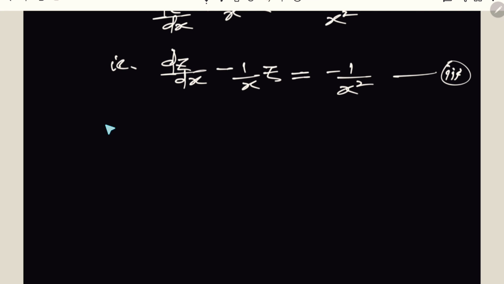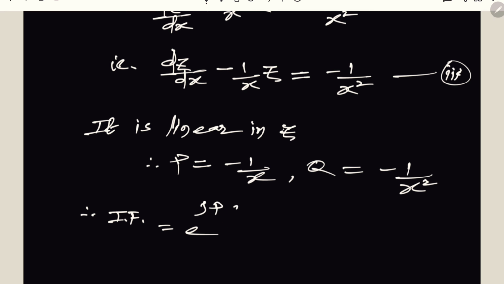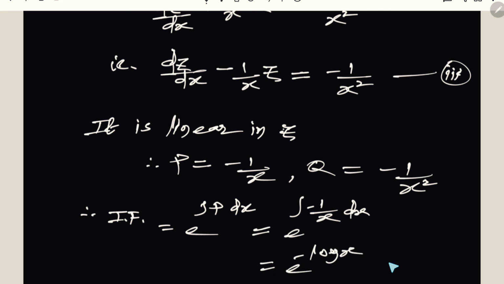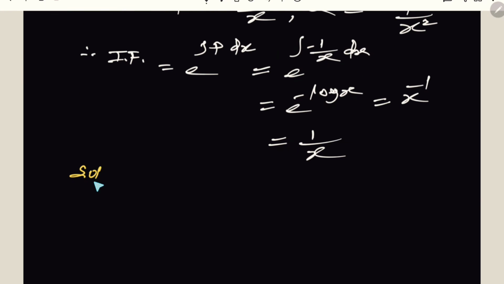Here, z is a dependent variable whose degree is 1, and its differential coefficient dz by dx also has degree 1, and therefore it is linear in z. Comparing, we get the value of P as minus 1 by x and Q as minus 1 by x square. IF is e raised to the integration of minus 1 by x dx, which is e raised to minus log x. E and log get cancelled, we get x raised to minus 1, nothing but 1 by x.